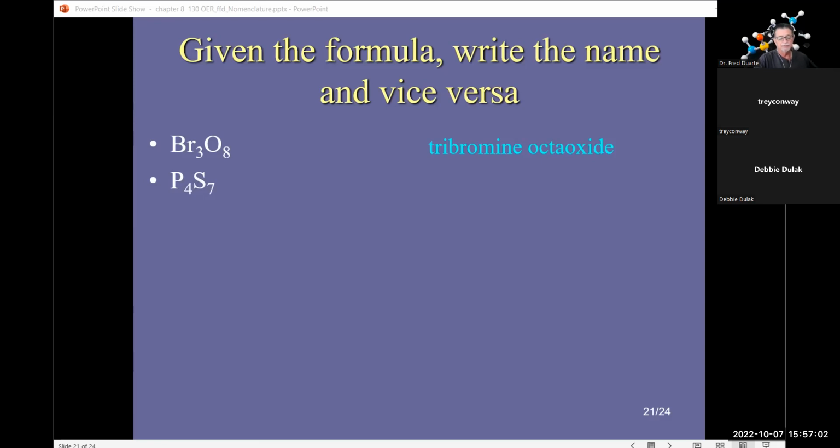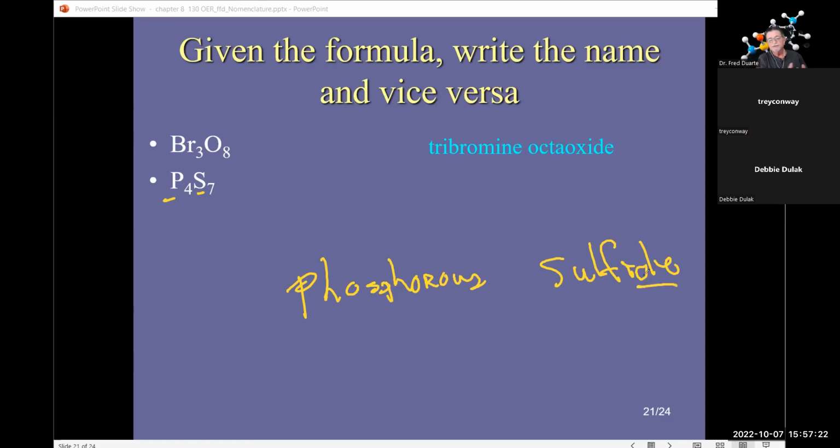All right, now we got the central, we got phosphorus. And then sulfide. Because it's IDE, because it's after the central atom. Okay. Unlike this one, where it'd be called sulfur dioxide.